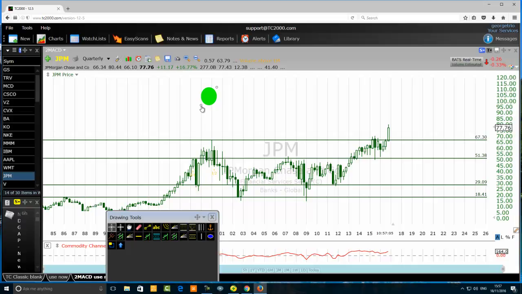The normal horizontal resistance level. The Fibonacci key level, talking about Fibonacci extensions and Fibonacci retracement, those are usually hidden key levels. We also have trend lines.